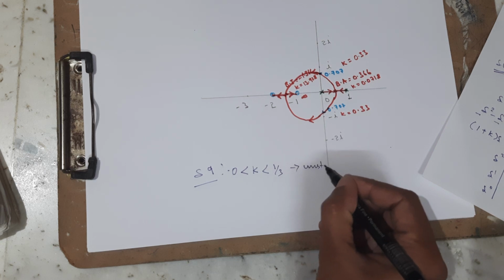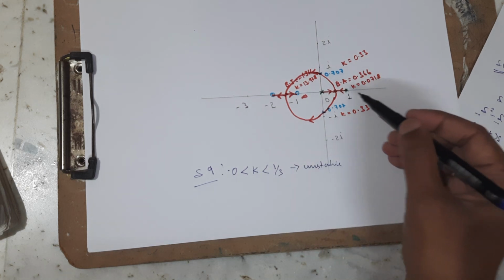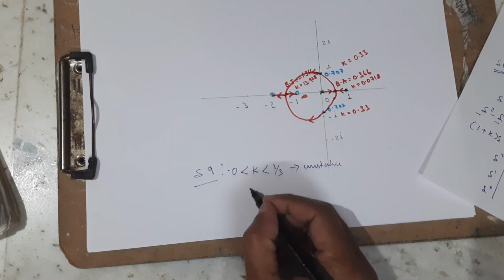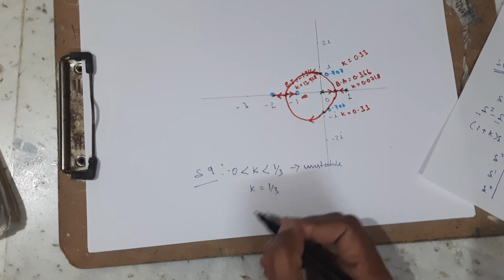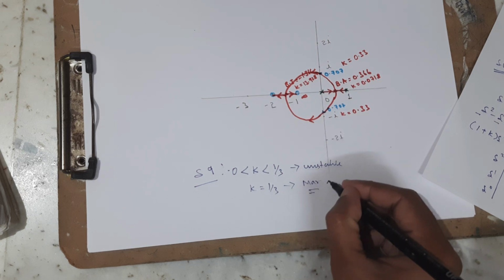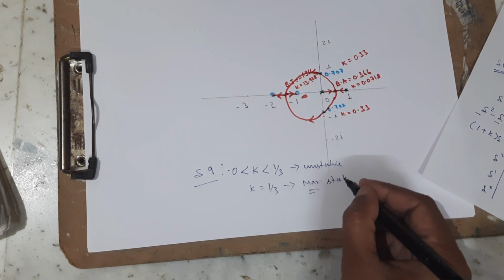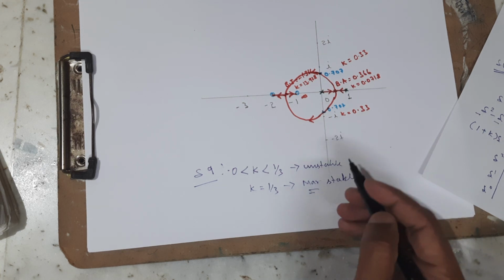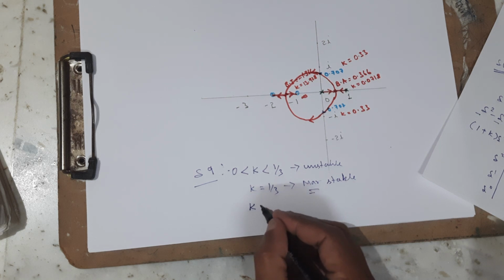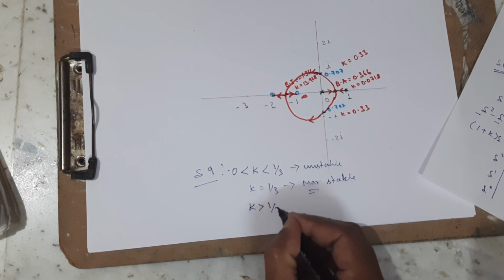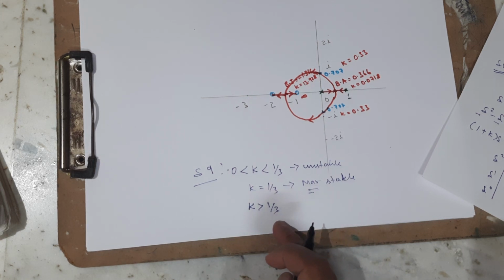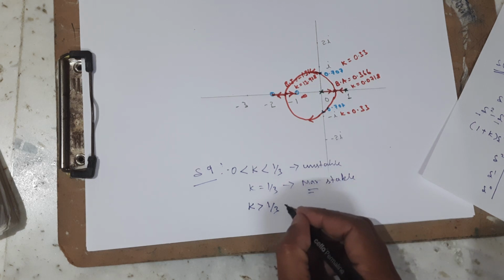Why? Because it is in the right side of the S plane. Okay, at k is equal to 1 by 3, it is marginally stable. Okay, so it is marginally stable. So for values of k greater than 1 by 3, if the k value is more than 1 by 3, then the system is stable.